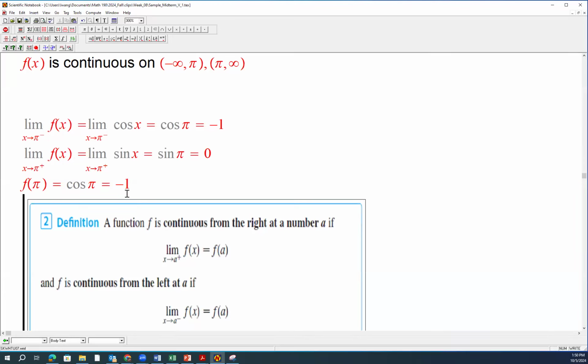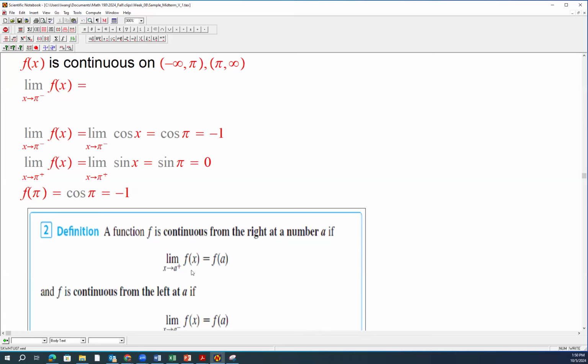At pi, from larger than pi, the limit is 0. It doesn't equal the value of the function at pi. But from the left of pi, this piece is equal to f of pi.